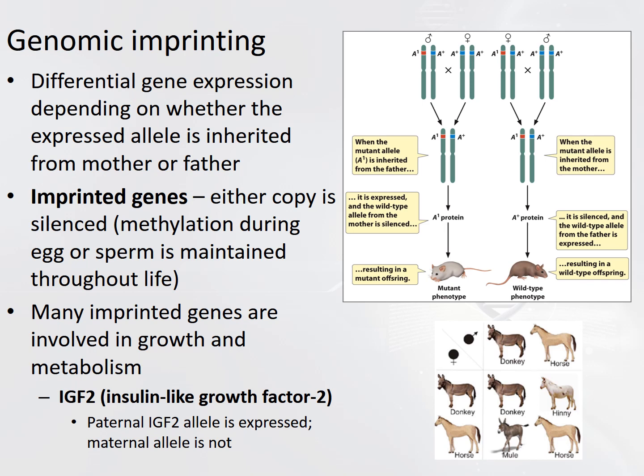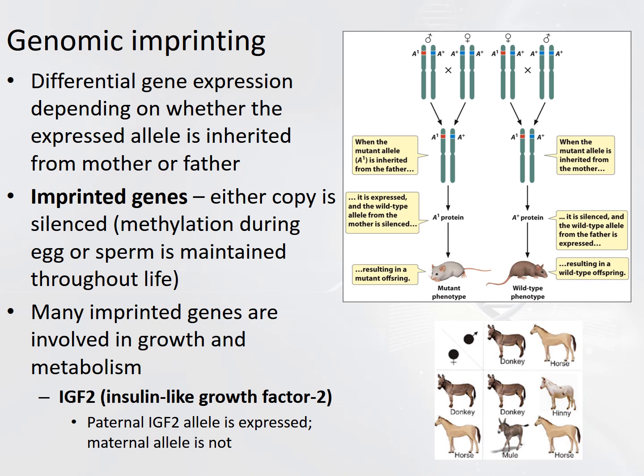Also, there's an interesting example here, which you don't need to know for the exam, but it's actually quite funny. There's another perfect example of imprinting in breeding horses with donkeys. So if you have a male donkey and a female horse, they will produce a mule.